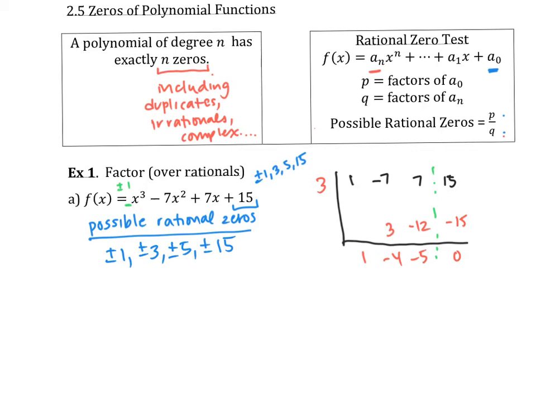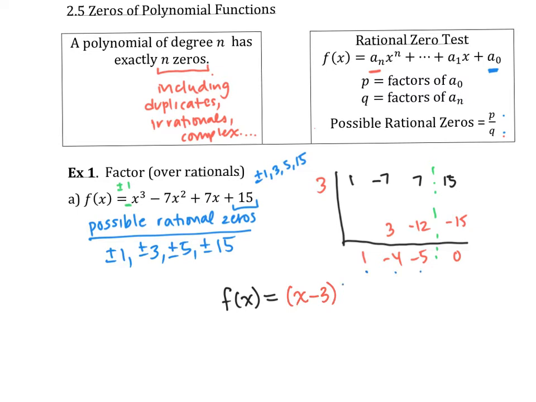Okay, so the directions tell me to factor completely. Since the function is given to me as f of x equals, I'm going to use f of x equals. Because my first zero was x equals 3, then it must be true that x minus 3 is a factor of the polynomial. After I did the division, I was left with this.